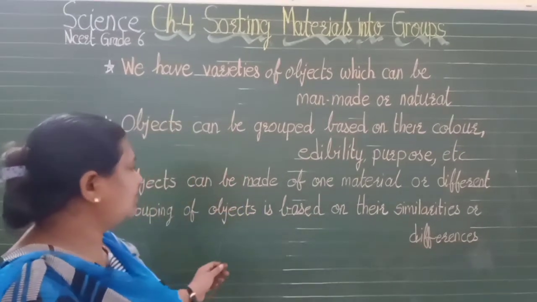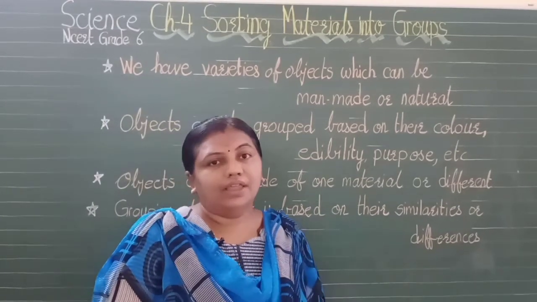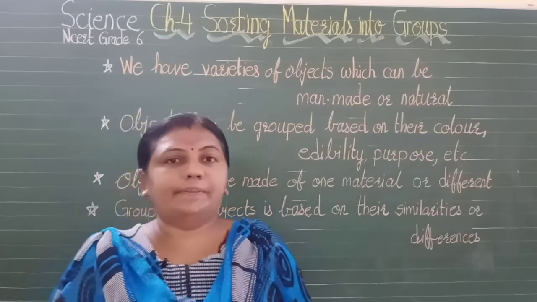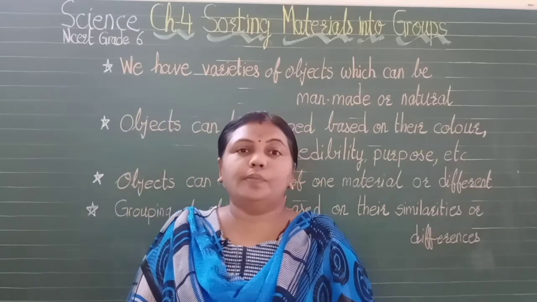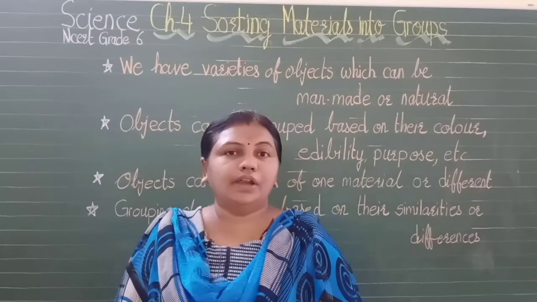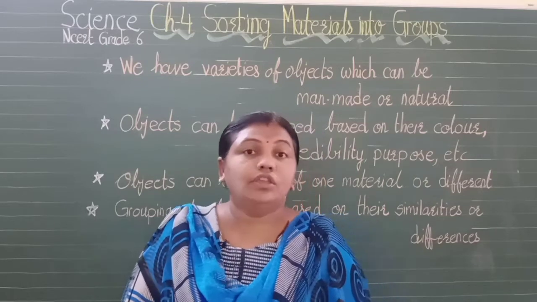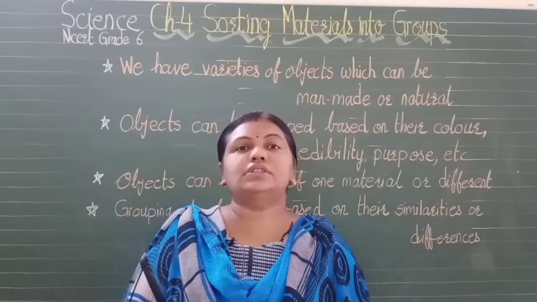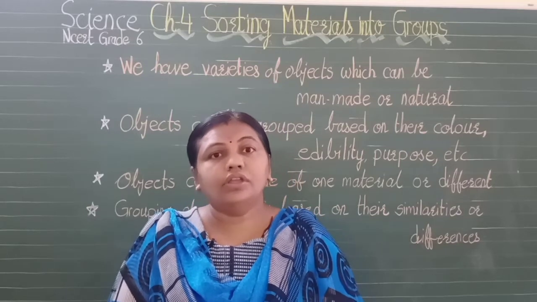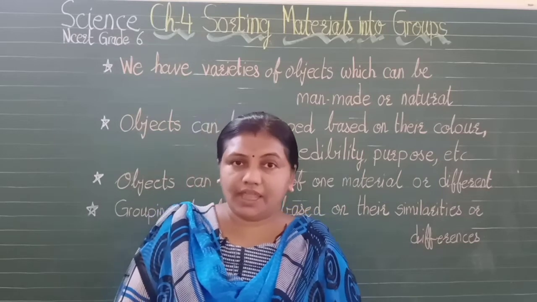Now grouping of objects is based on their similarities or differences. As I have given you the example, you can place it in the group of fruit, group of shape, group of color. Now if you have gone to play an event, different schools have taken part. It can be Kalaria school, it can be Xavier's, it can be Eklavya.